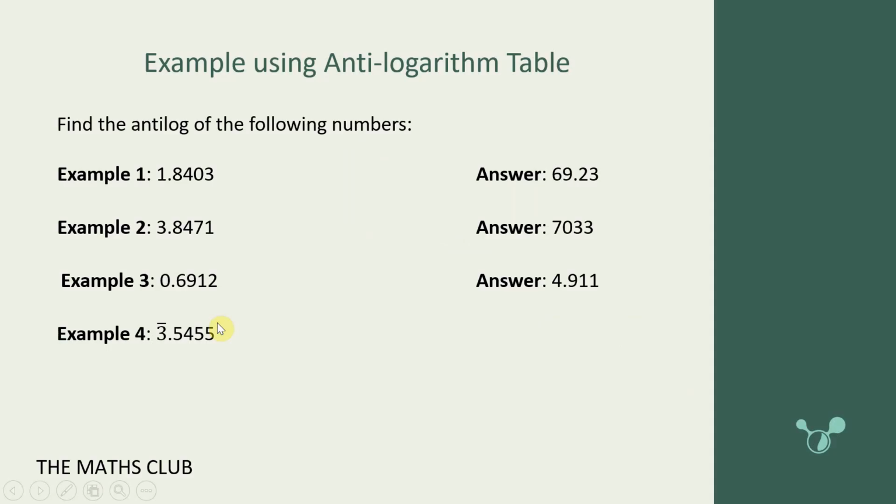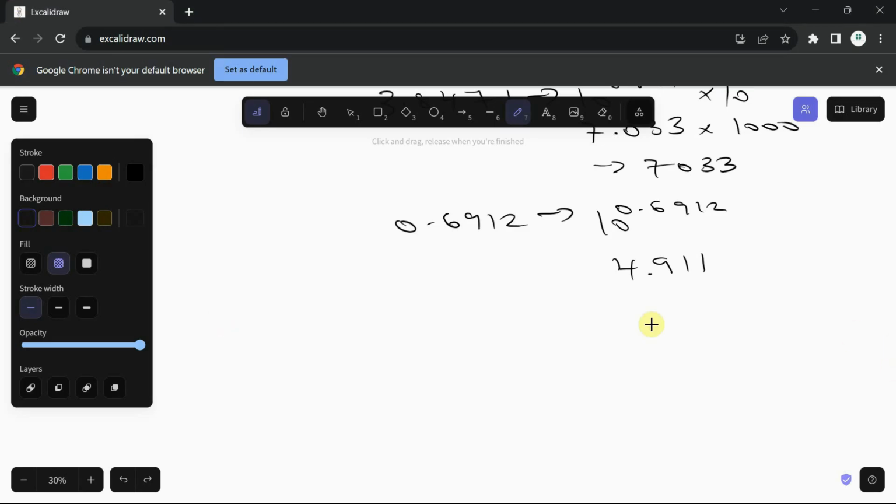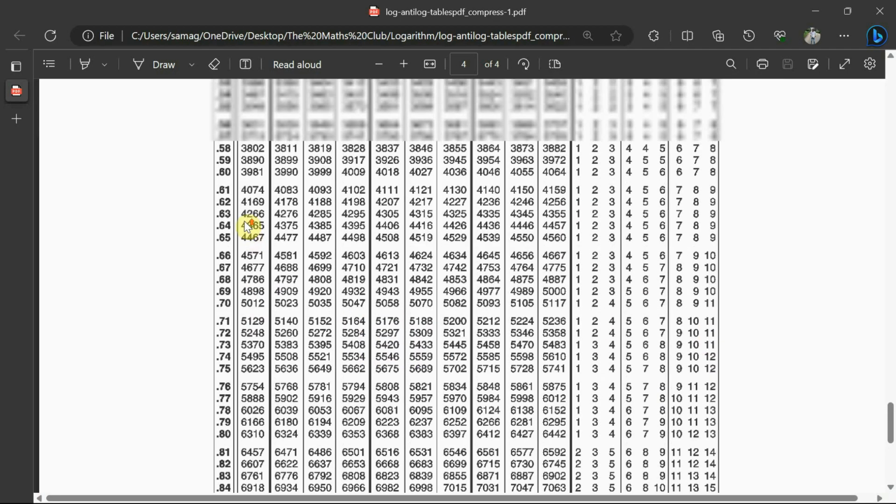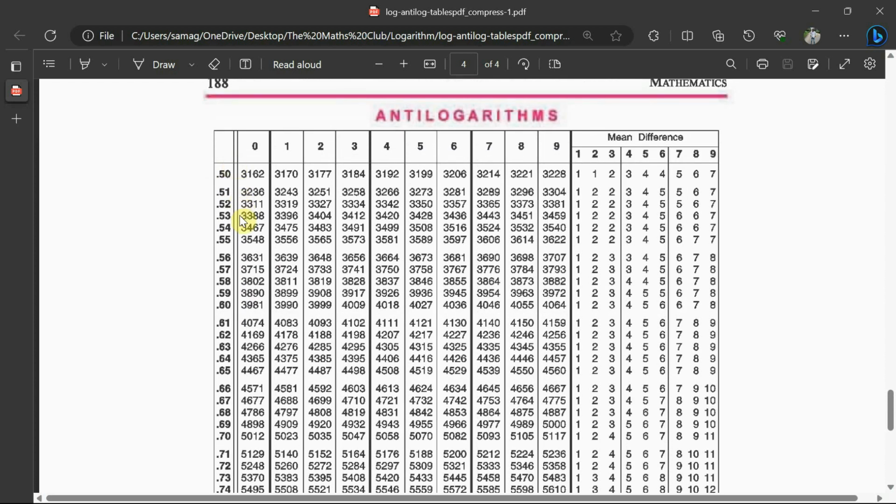Welcome back. So we had 3.5455. I could break this down and say this is 10 raised to the power of 0.5455. I remember what we did: we said 3 with a bar is the same as saying minus 3. So 10 raised to the power of minus 3. So let's find 0.54 under 5 with a difference of 5.